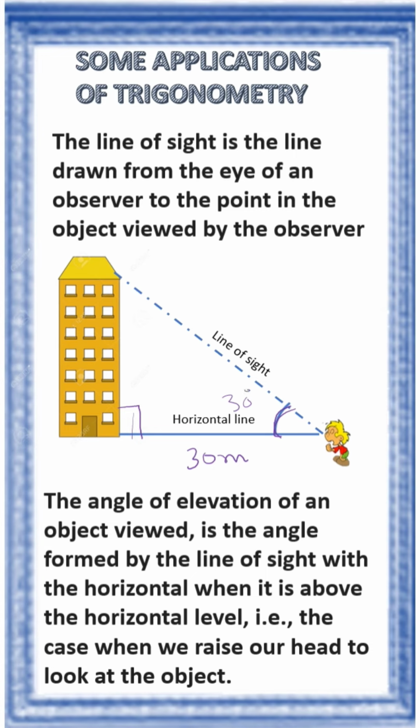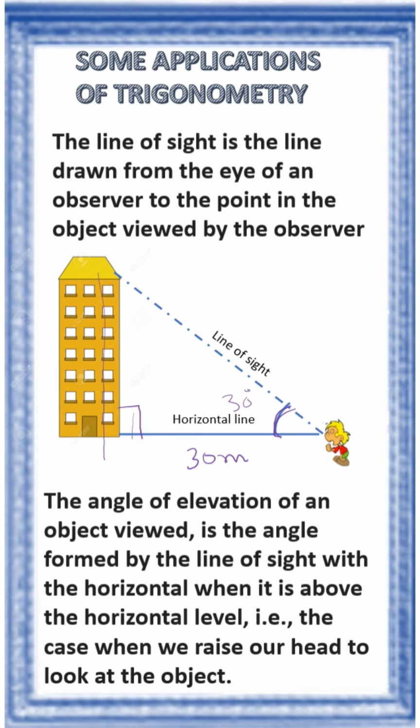Now you can measure the height of the building without taking our scale etc. How? We can use here tan ratio. Tan 30 is equal to opposite side, we don't know, by adjacent side. Adjacent side is 30 meter.